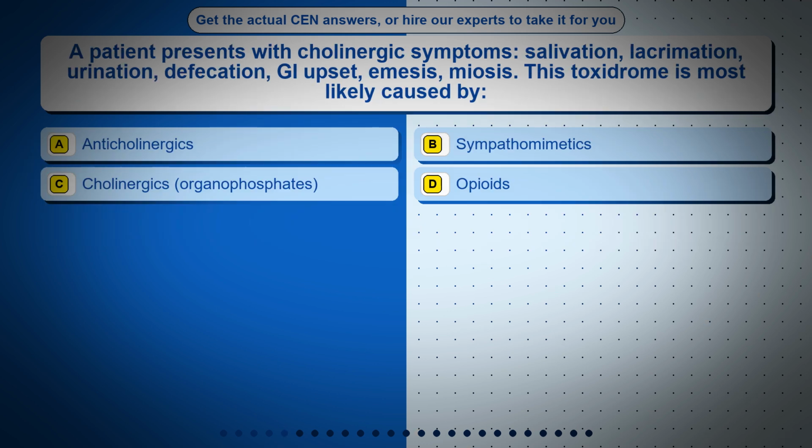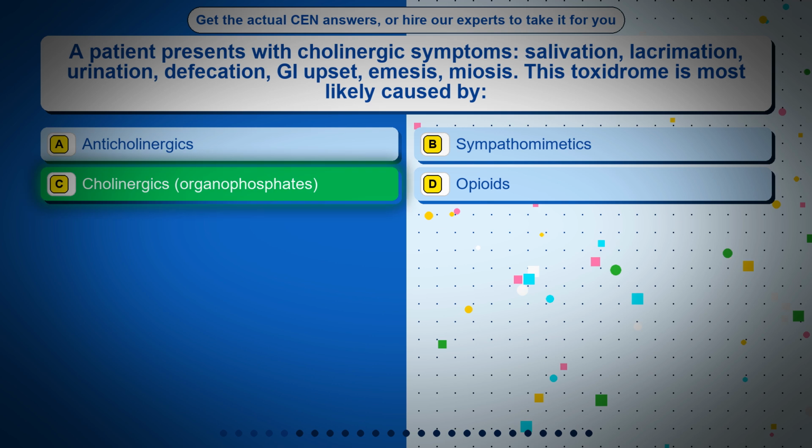Question 5. A patient presents with cholinergic symptoms: salivation, lacrimation, urination, defecation, GI upset, emesis, miosis. This toxidrome is most likely caused by Option A, anticholinergics, Option B, sympathomimetics, Option C, cholinergics, organophosphates, Option D, opioids.